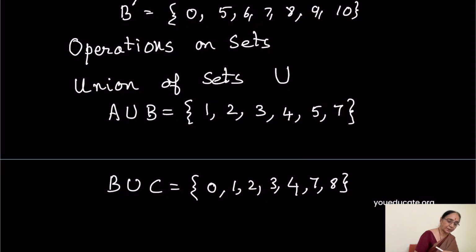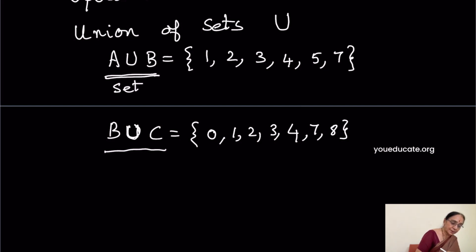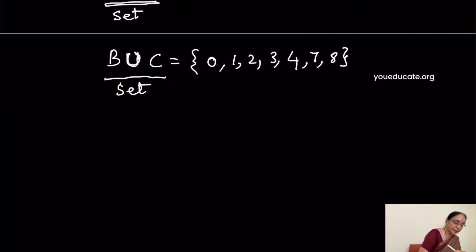Generally, when it involves numbers, we like to write it in ascending order. It looks nice in ascending order, right? That is B union C. Next, so you know what union is. A union B is a set. Remember, this is not something different. A union B is also a set. B union C is also a set.